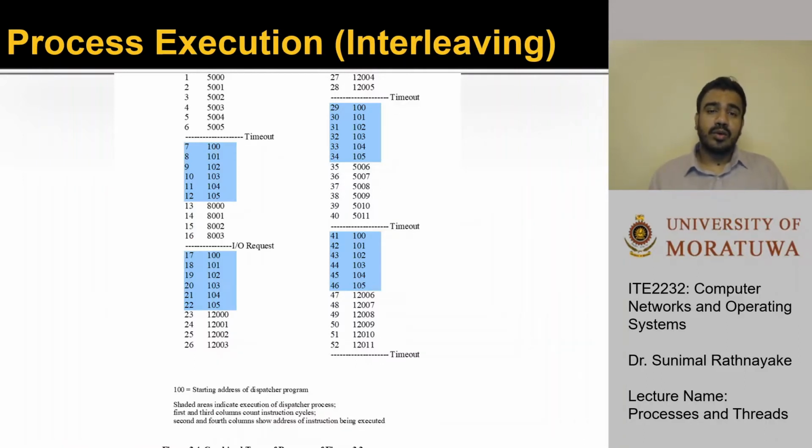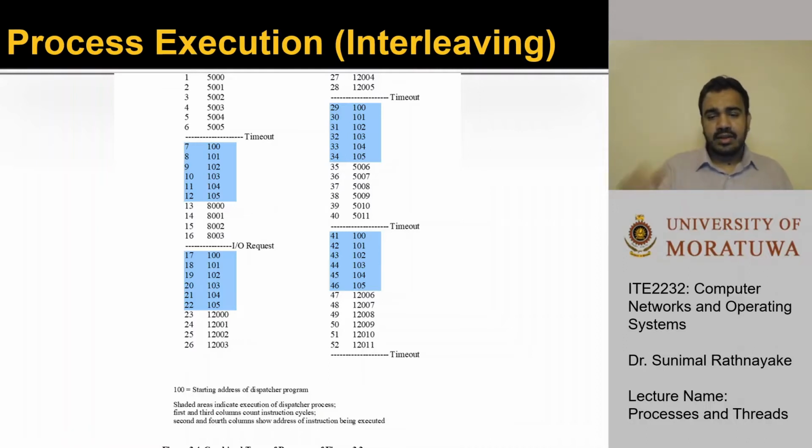This timeout occurs due to some time quantum or time quota given to the program by the operating system. Each program can only run within its time quantum. You will see more when we discuss scheduling in next week's lesson. Once the time quantum has expired, we encounter a timeout, and the dispatcher runs.